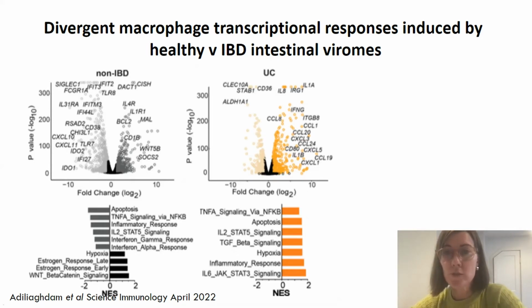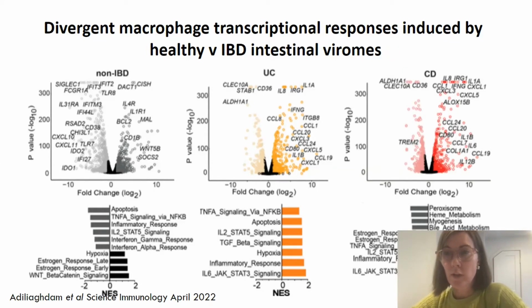In contrast, the ulcerative colitis viruses on macrophages very much provoked inflammation. All the classic cytokines and chemokines that one would expect from an innate immune response, things such as IL-6, IL-8, interferon gamma, even IL-1 alpha, IL-1 beta, chemokines, and so on. These all fit into pro-inflammatory pathways. Crohn's disease viromes were very similar.